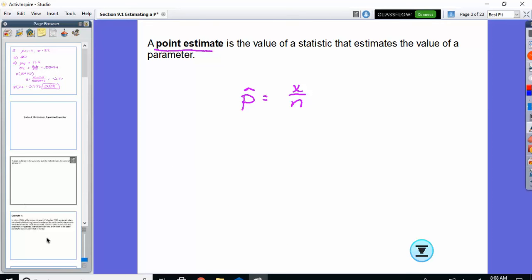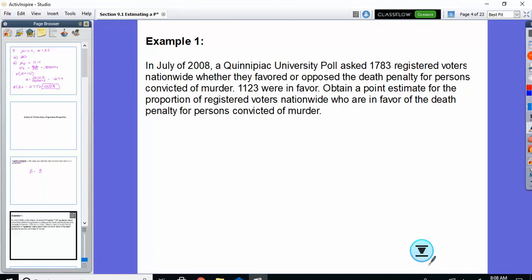Alright, so here's our first example. We have a poll that asked 1,783 registered voters nationwide whether they favored or opposed the death penalty for persons convicted of murder. 1,123 were in favor. Obtain a point estimate for the proportion of registered voters nationwide who are in favor. So how would I do that? 1,123 divided by 1,783.